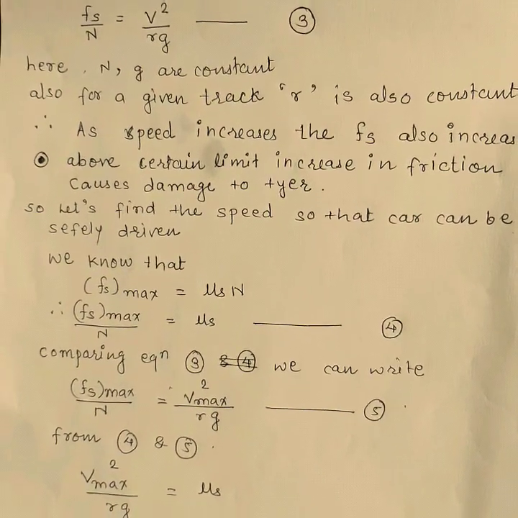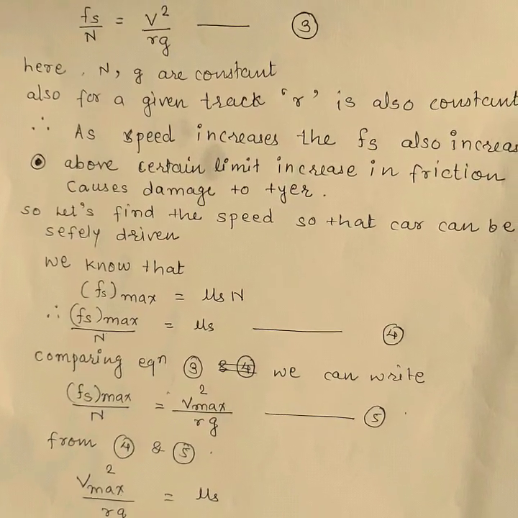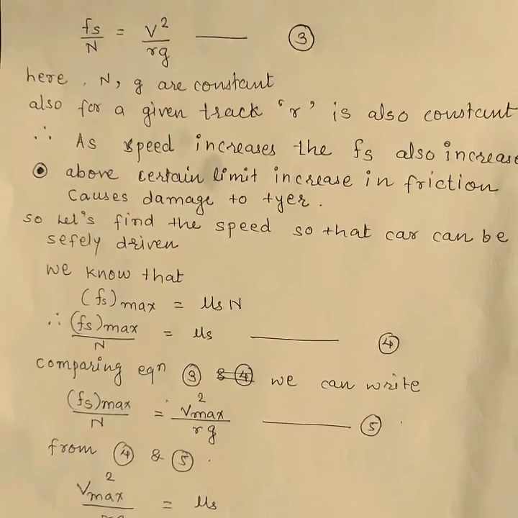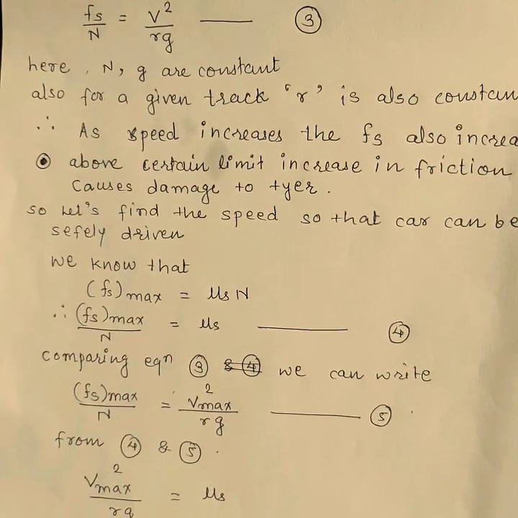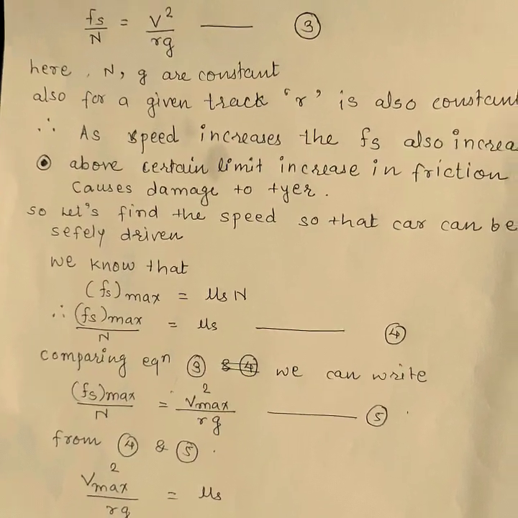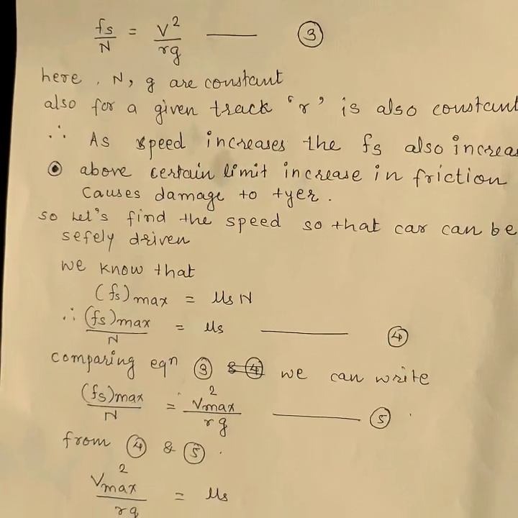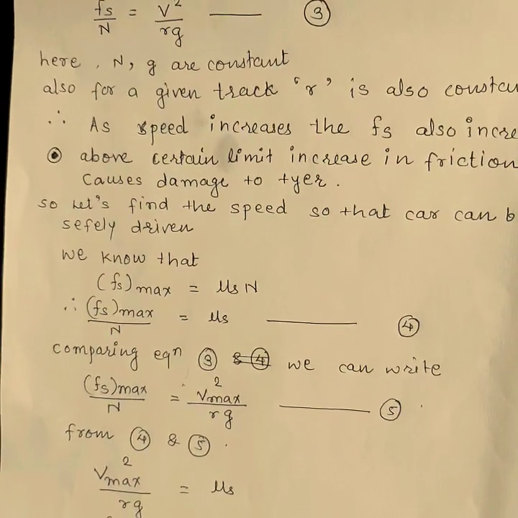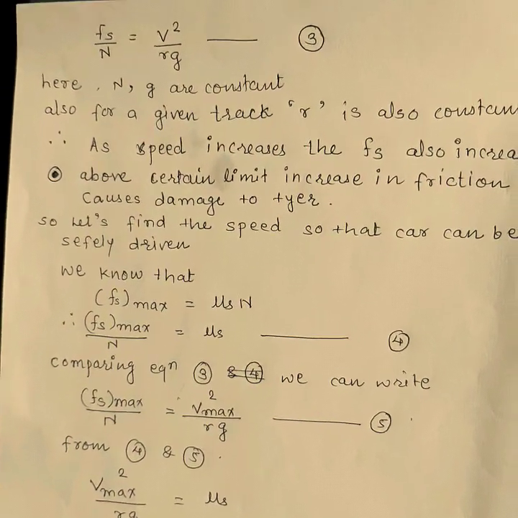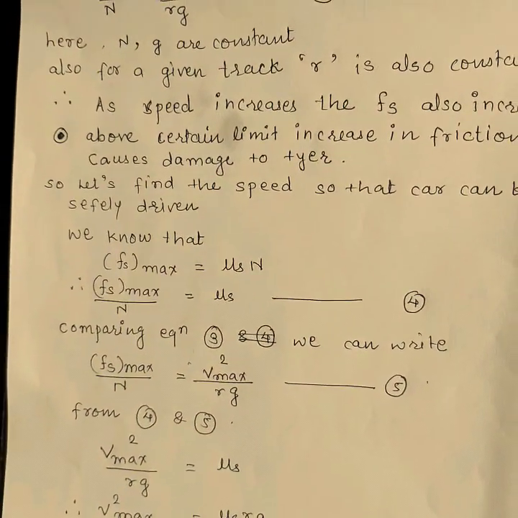Let us call this equation number 4. Comparing with equation 3, we can write the same equation for maximum friction. When there is maximum friction, the velocity will also be maximum. So we can write Fs max upon N is equal to V max square upon Rg. Let us call this equation number 5.